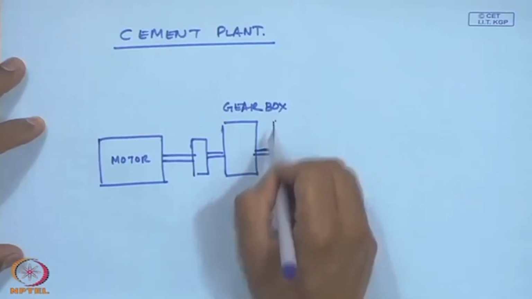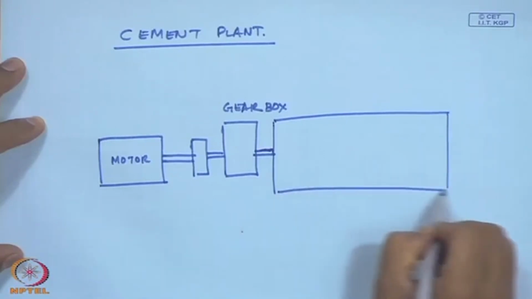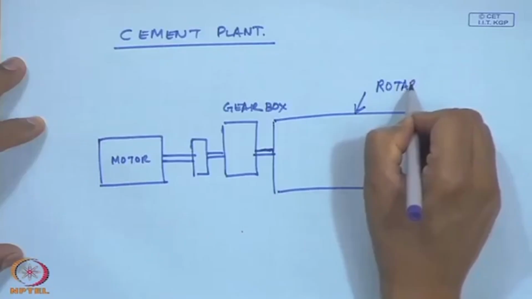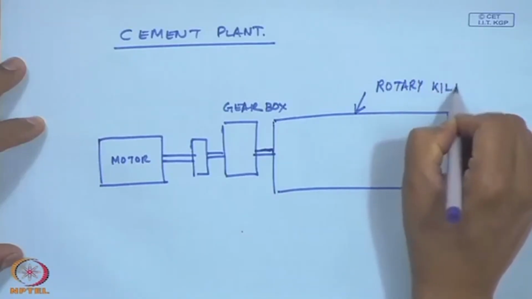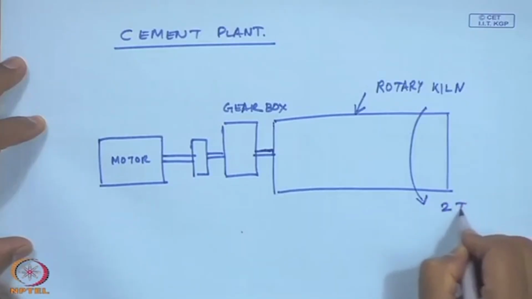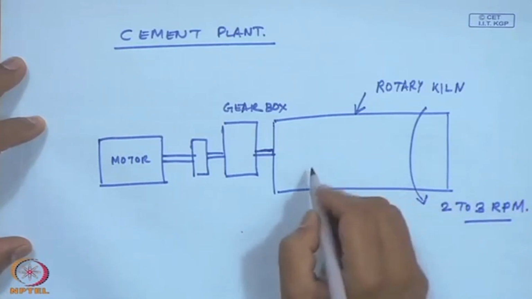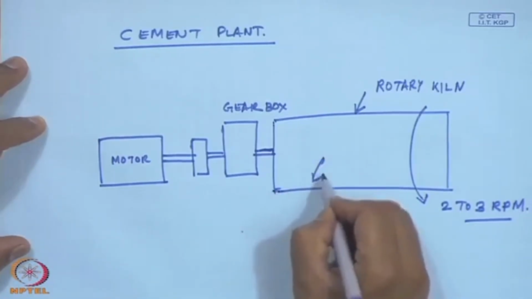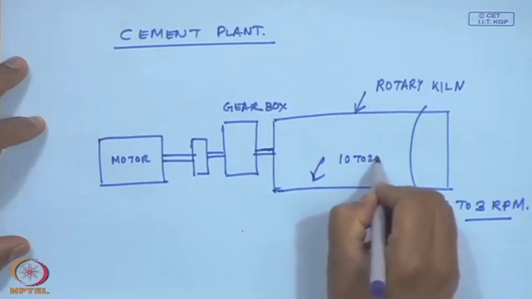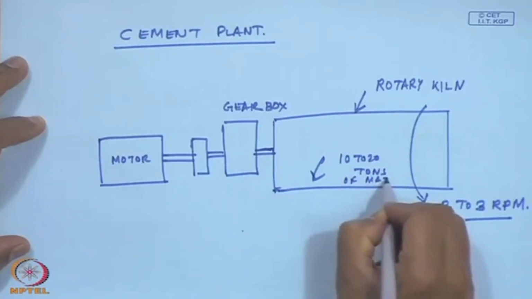I am drawing it in series, but actually it is meshed with the gearbox. This is the rotary kiln, which rotates at approximately 2 to 3 rpm, but it could be carrying loads of several tons, maybe 10 to 20 tons of material.